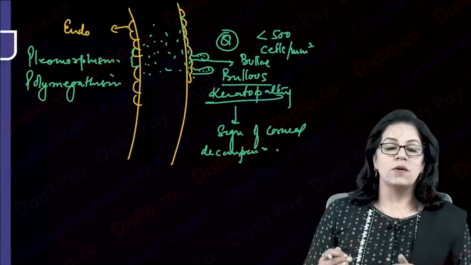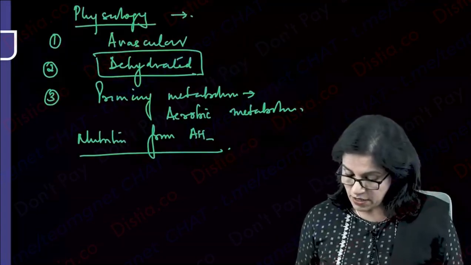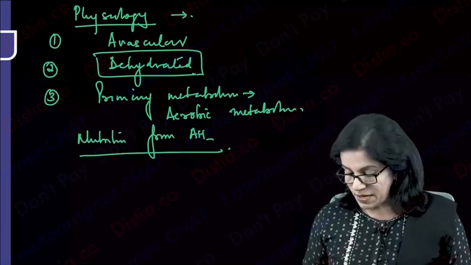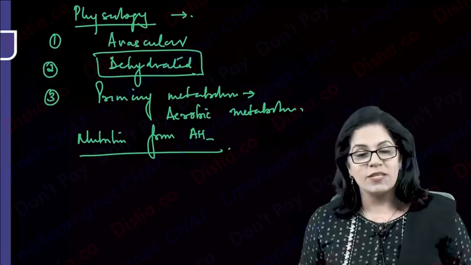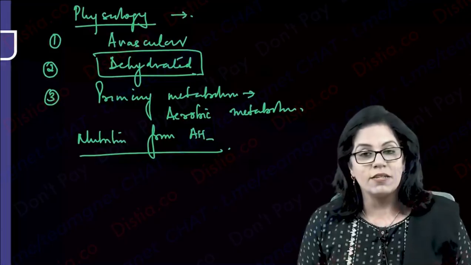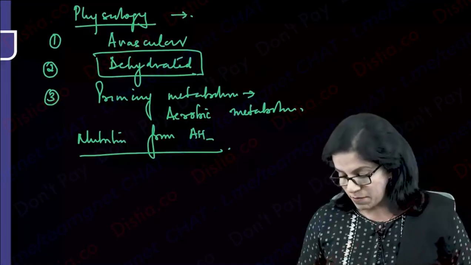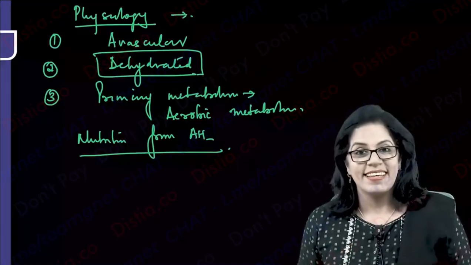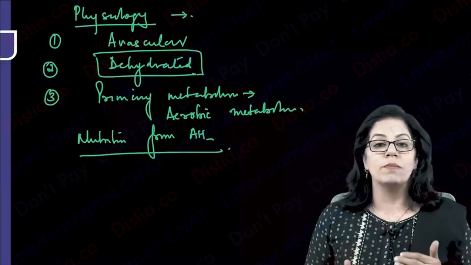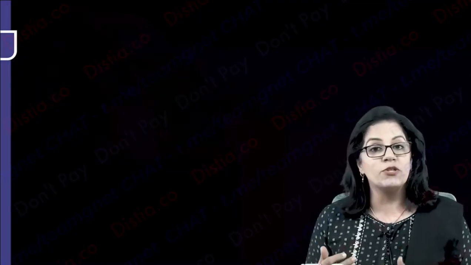Also, we should talk about one more important question that came into my mind, about when you're saying primary metabolism is aerobic. There has been an exam question on this. Please understand this. When there is too much anaerobic metabolism in the cornea, it is going to lead to lactic acid formation.